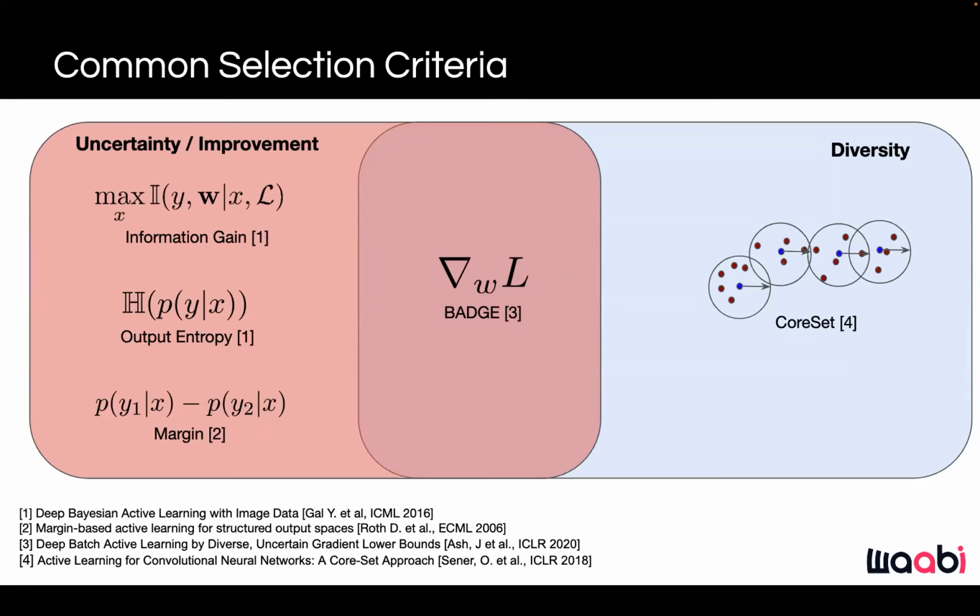You can look at entropy as well, right? If your model is very uncertain, you probably don't do that very well, so you probably want to know what the answer is there. So that's another criteria. If you have, for example, a max margin classifier, you can look at the margin as a way to define what to label next, so that you have a better margin.